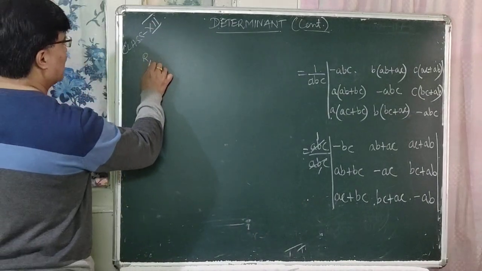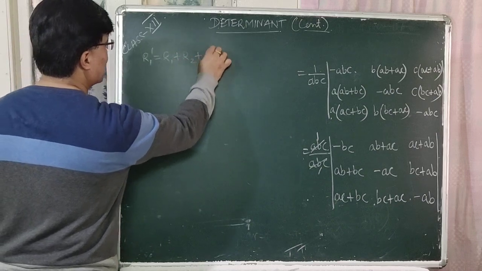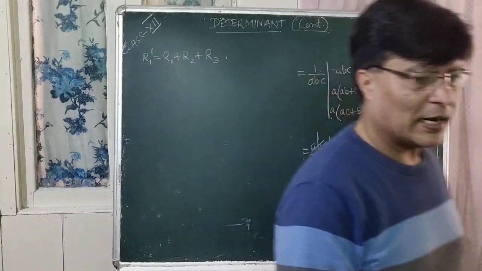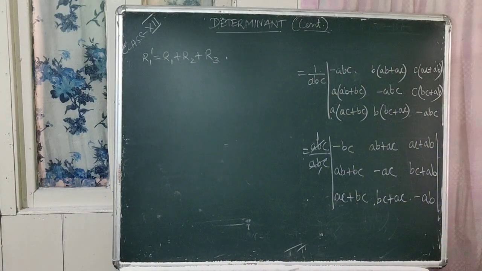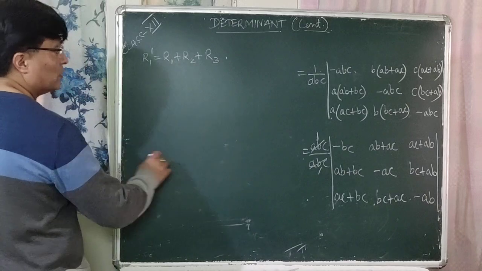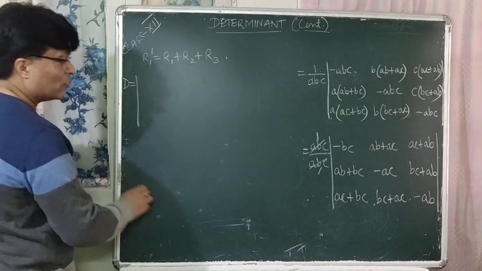So R1 dash is equal to R1 plus R2 plus R3. Now let's use this property, that is R1 dash is equal to R1 plus R2 plus R3, right? So now, therefore, D is equal to, what is the first row now?